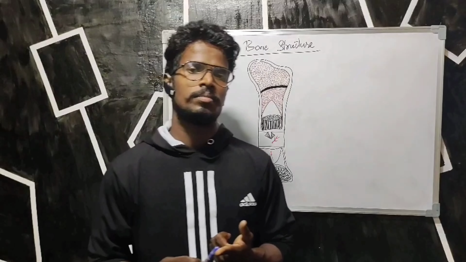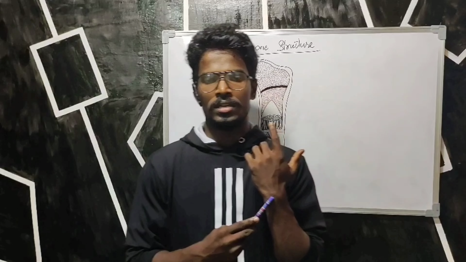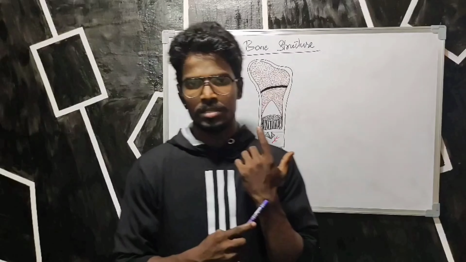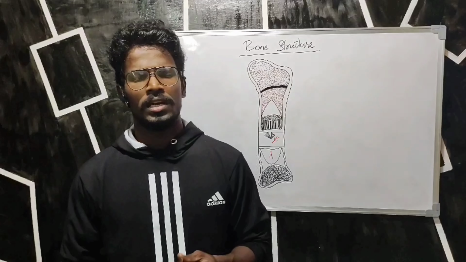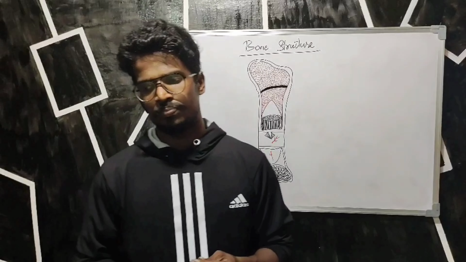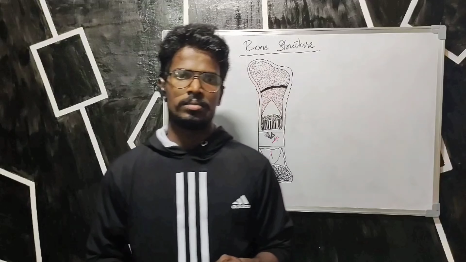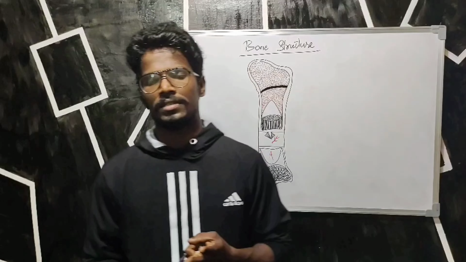Examples of short bones are the bones of your hand like carpal bones, and the bones of your foot, tarsal bones. Coming to irregular bone, irregular bone doesn't fit in the other categories which I have told you, so that's why it is called irregular bone. Examples of irregular bone are vertebra and pelvis.